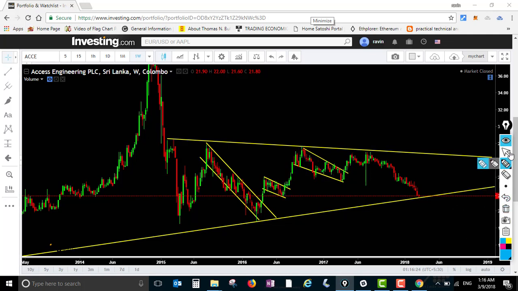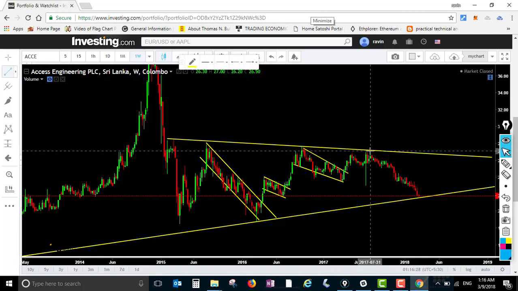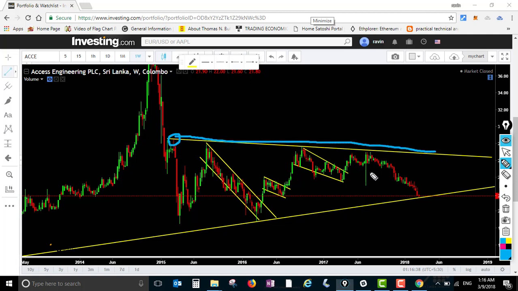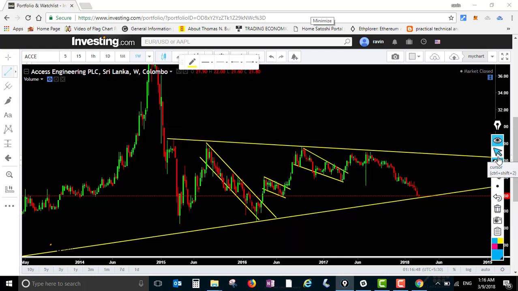It has come to a future reversal point. Within this particular channel I drew here, the price behaves in a certain way at certain times.